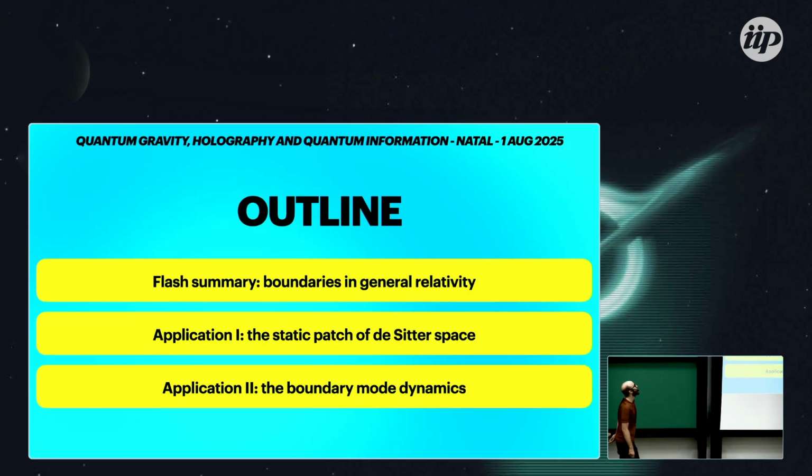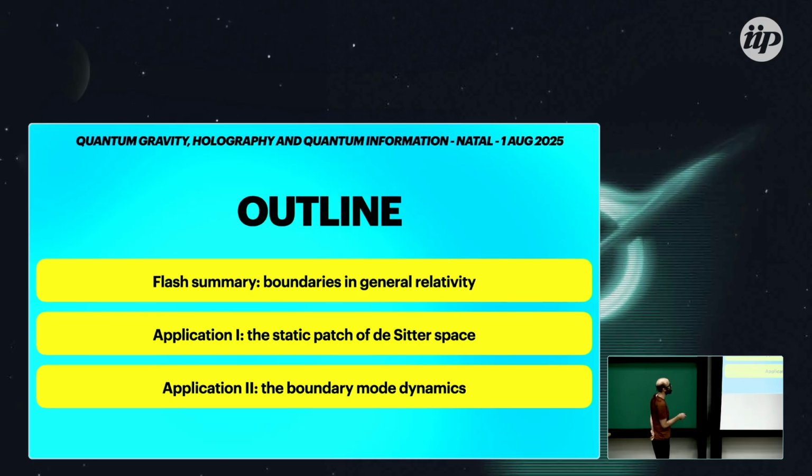Okay? So the short outline of this talk: I will start with a flash summary of the status of the boundary problem in general relativity, and this is just flash because I assume you remember at least a little bit from what Raul told us on Wednesday. And then I will try to tell you about 2 different applications.